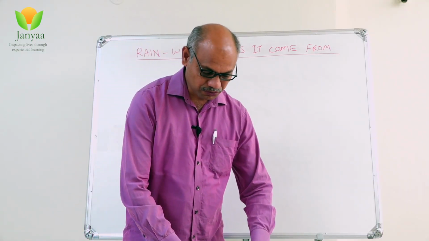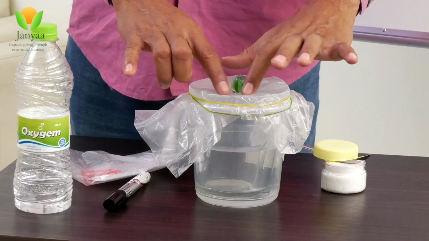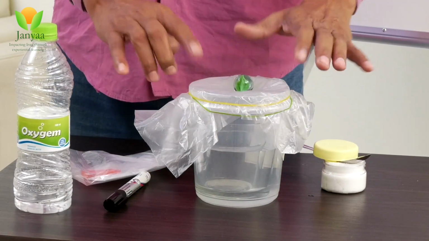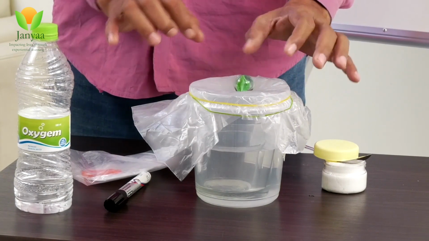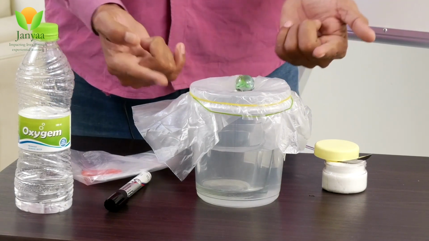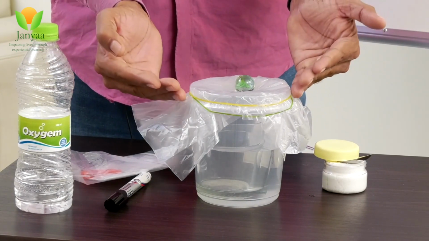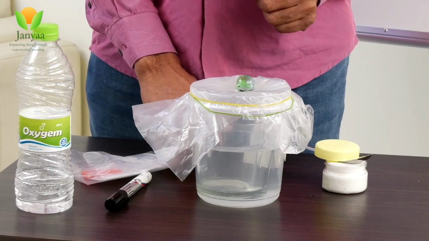Oh, that's true. Water vapor is formed, and the water vapor has accumulated on this plastic sheet downwards. This marble has given a curved surface. Therefore, when the water vapor gets cooled, the water goes into the tumbler.